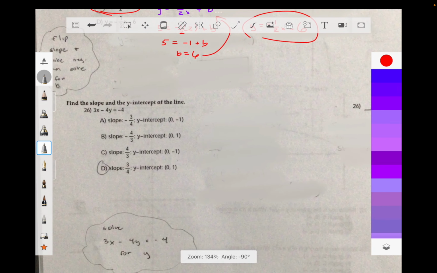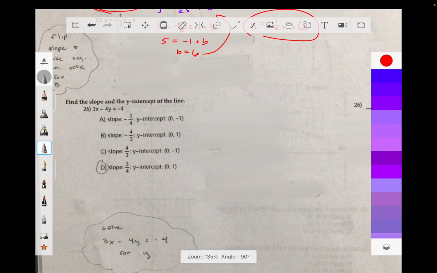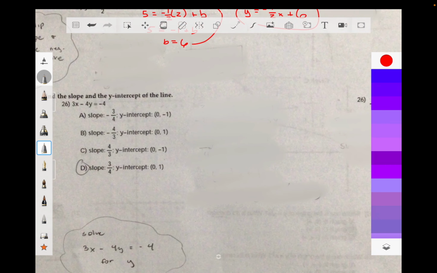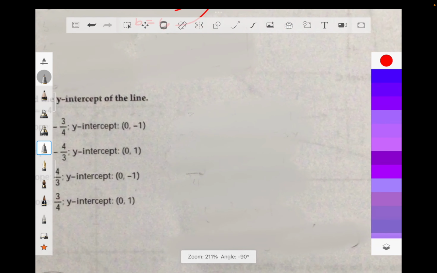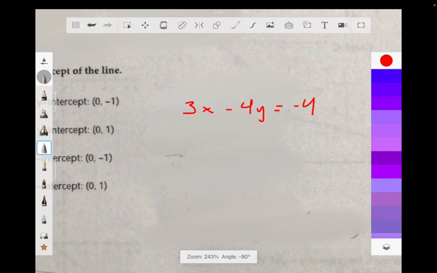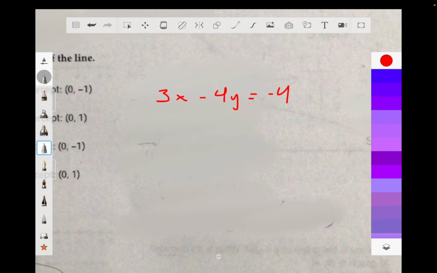Find the slope and the y-intercept of the line. This one, all you have to do is algebra and solve for y. So it's 3x minus 4y equals negative 4. And then solve for y. Bring the 3x to the other side.